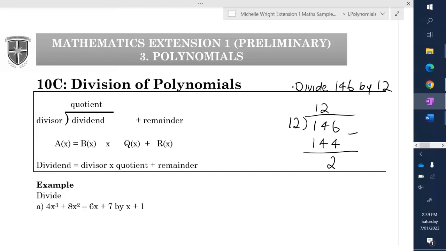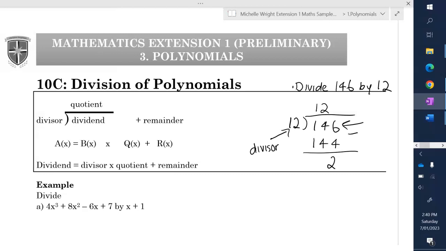But what we also want to have a look at is some of the terms that are written over here. The number that we're dividing by, or in our case, we're going to look at functions, the function that goes into our other function is called the divisor. So that number there is going to be the divisor.